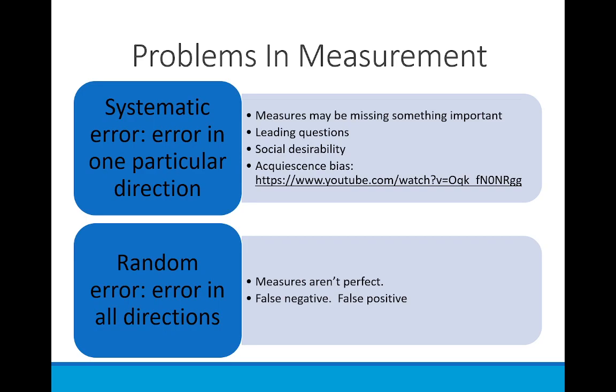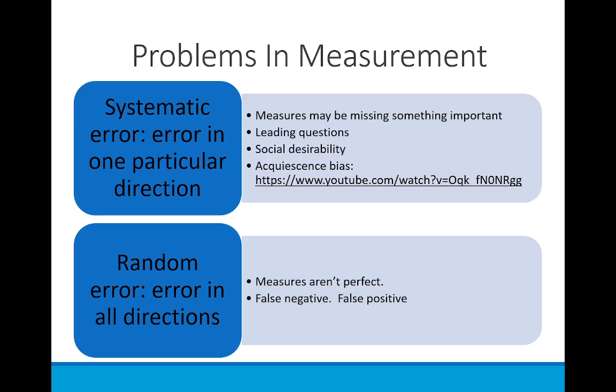The video link here is a Simpsons cartoon where everyone agrees because they want to be part of the group, and that's this idea of acquiescence bias. In a lot of psychological studies, if you're part of a group, there's some pressure to conform. And so being aware of these potential systematic errors is important in understanding whether or not we're measuring the right topic.